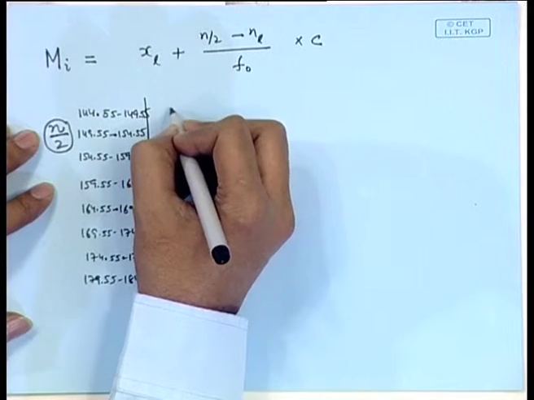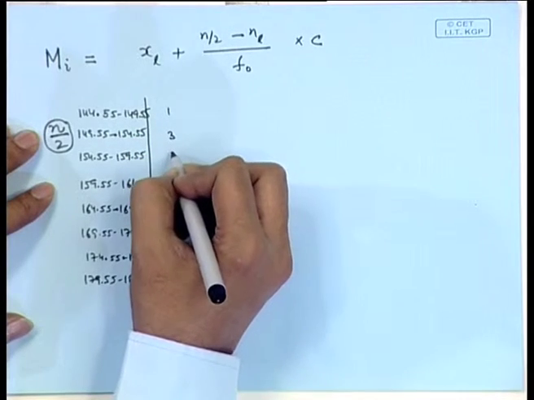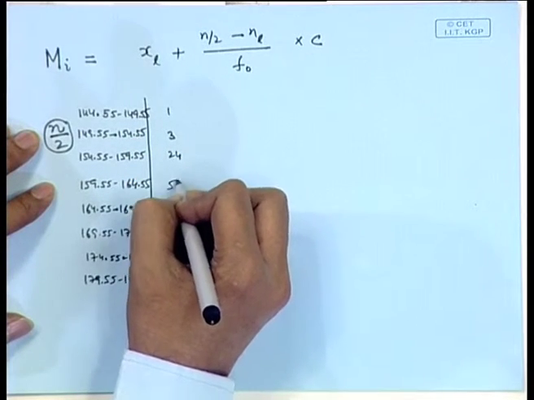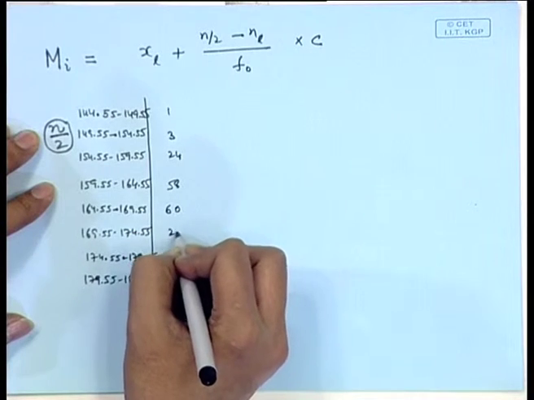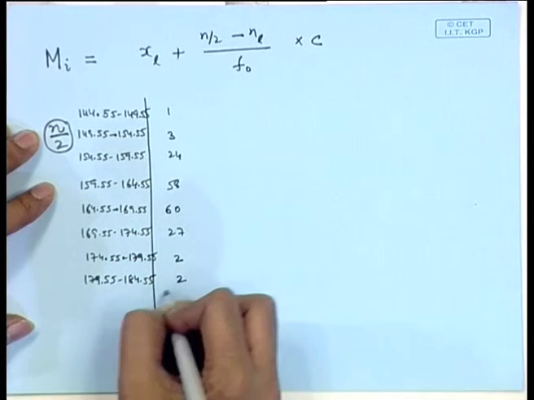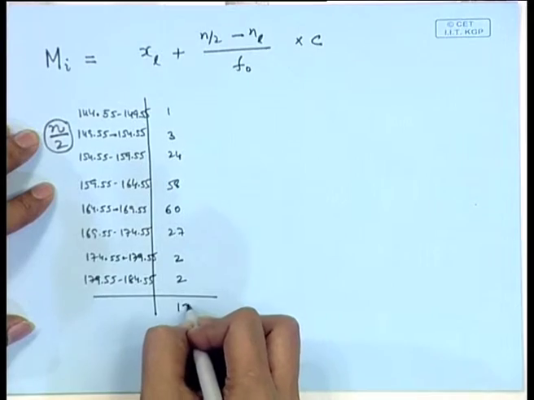The corresponding frequencies are 1, 3, 24, 58, 60, 27, 2 and 2. The total frequency is 177.